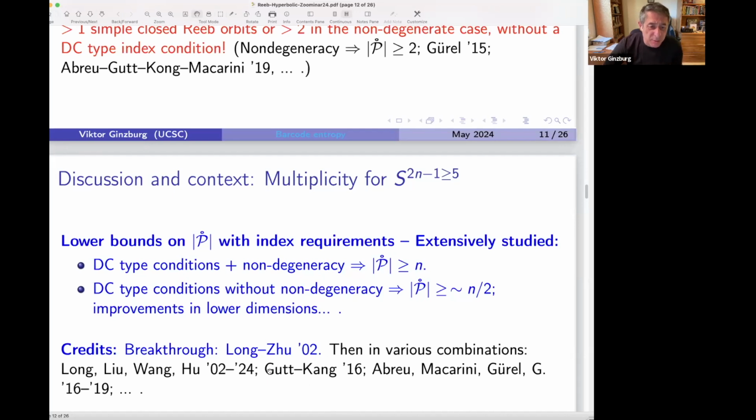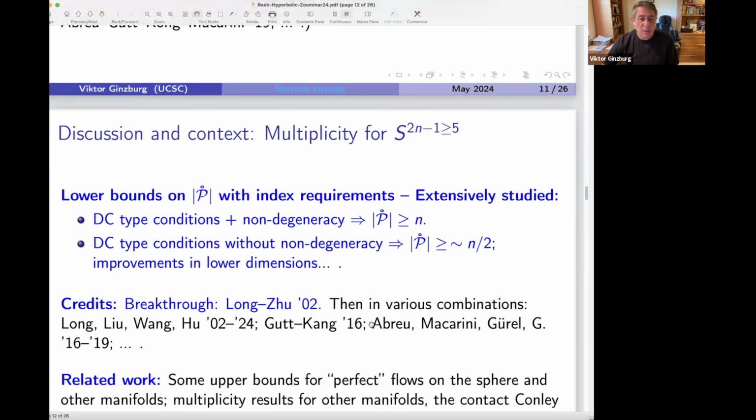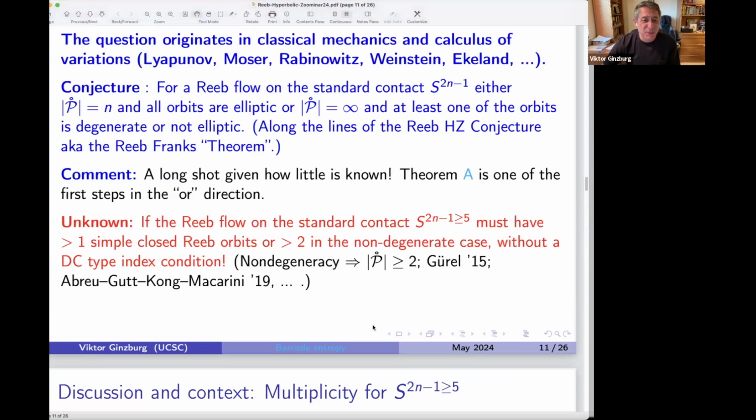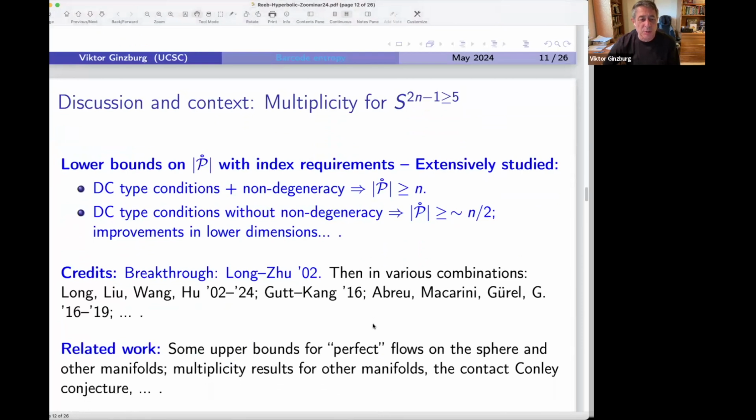This is an observation of Gatt and Kahn. And many other people worked on this type of lower bound. So the upshot of these comments on multiplicity is that if you want to say anything, you need to make an assumption on the indices.